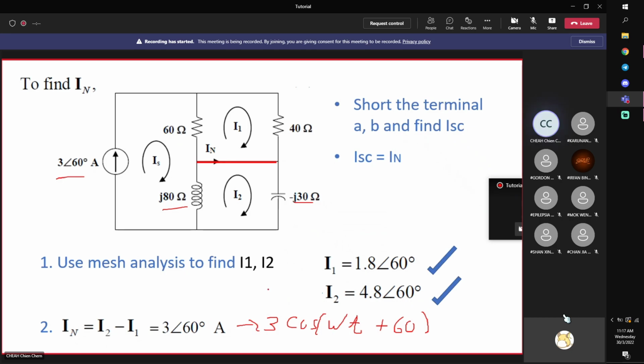Any questions? This tutorial is quite useful because not only do you do phasor analysis, at the same time you also review the concepts from week 1 and week 2. If you have not done this tutorial yet, go back and try on your own.